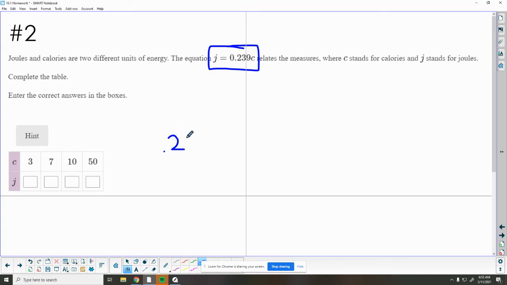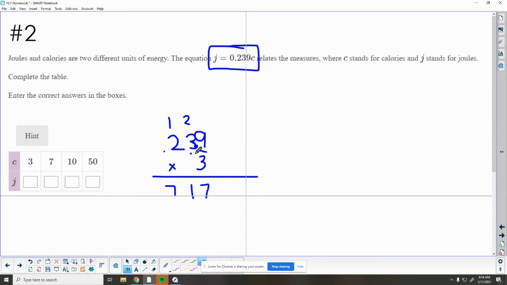So I can see I have 0.239, and I'm going to multiply by C. My first C is 3. So I'm going to plug in 3. 3 times 9 is 27. 9, 10, 11. 6 and 1 is 7.